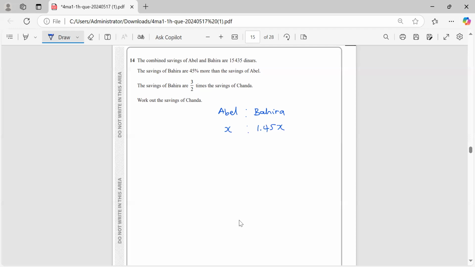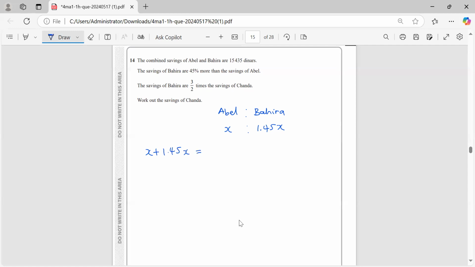So the total ratio of Abel and Bahira is actually going to show us the combined savings of Abel and Bahira. So in other words, the total ratio is x plus 1.45x, right?